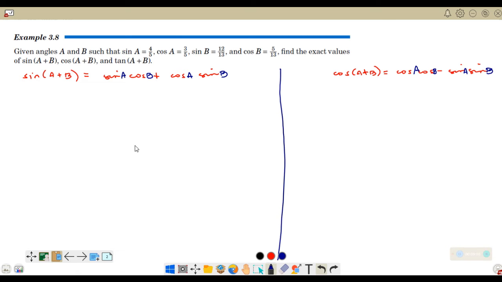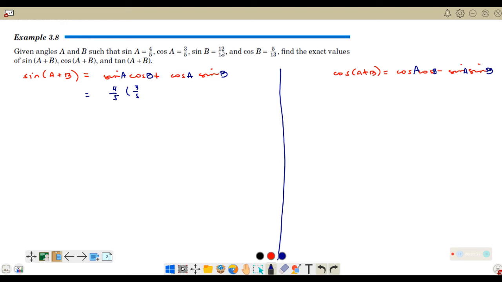Let's solve this one. We have sine A plus B is equal to sine A cosine B plus cosine A sine B. Sin cos cos sin. Sine A is 4 over 5. Cosine A is 3 over 5. And then, cosine... Ay, teka.